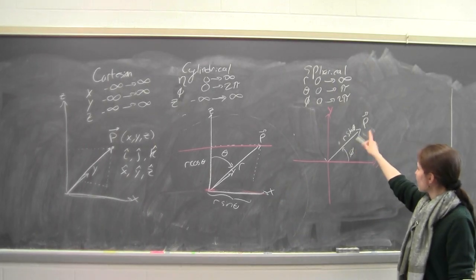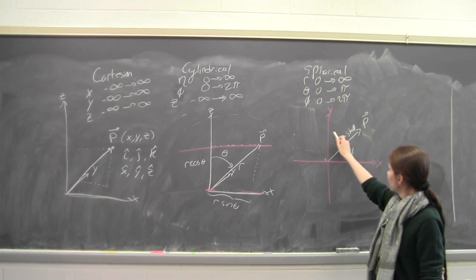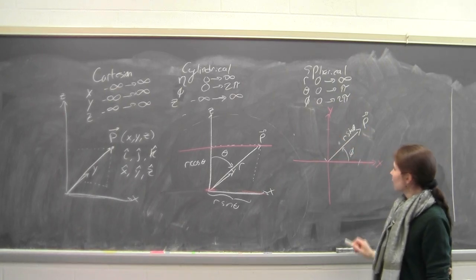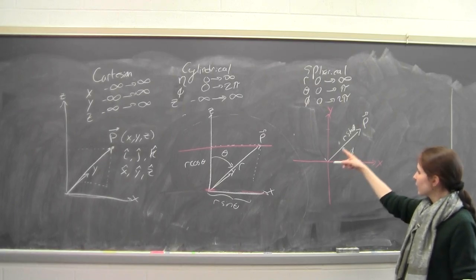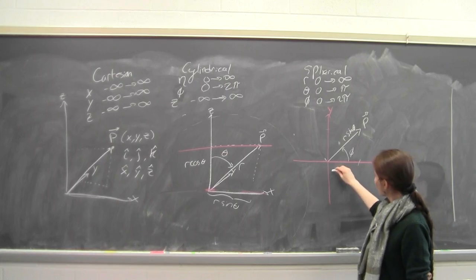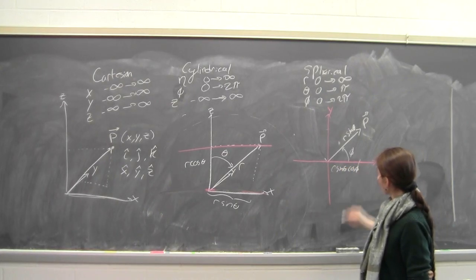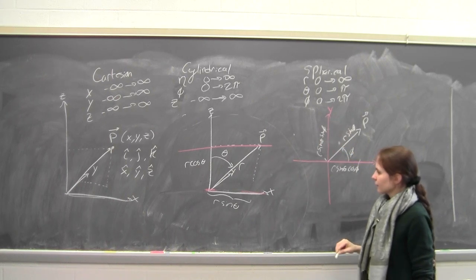So in the xy plane, this vector has a length r sine theta, and then if we want to find the y and x components, we again just need to use some trigonometry. So we see that this distance is going to be r sine theta cosine phi, and this distance is r sine theta sine phi.